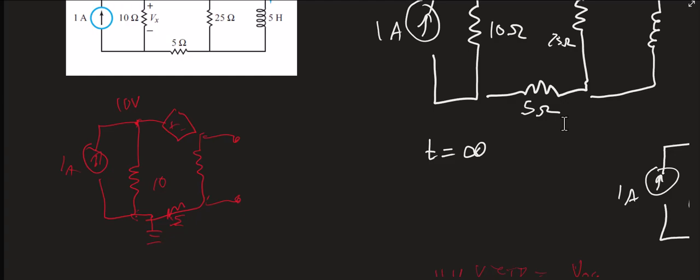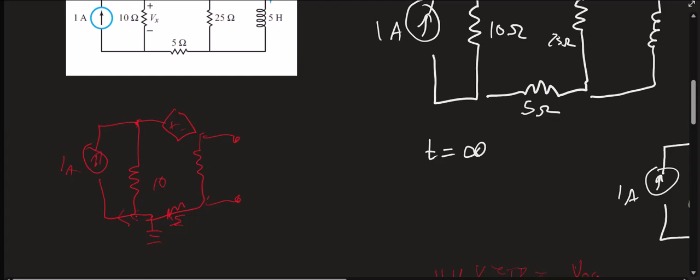And so we know that we have 1 amp here, and no, we don't know that anymore now that we have that other branch. So let me erase that. That might not be 10 volts.